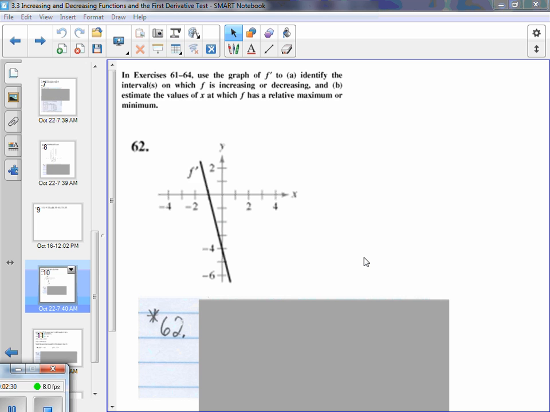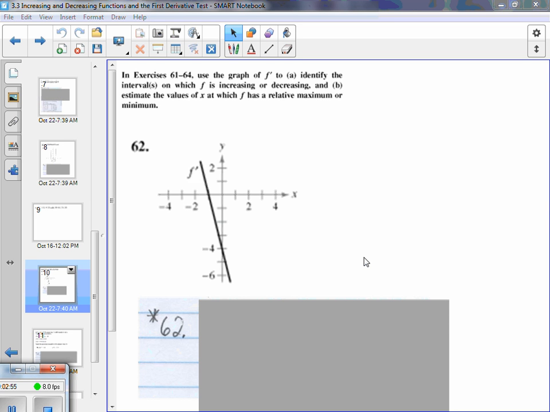Okay? Now, we use the same idea on things like number 62 here. We're not going to have the equation for the derivative or for the function. We just have to use the concepts: function increasing, derivative positive; function decreasing, derivative negative.